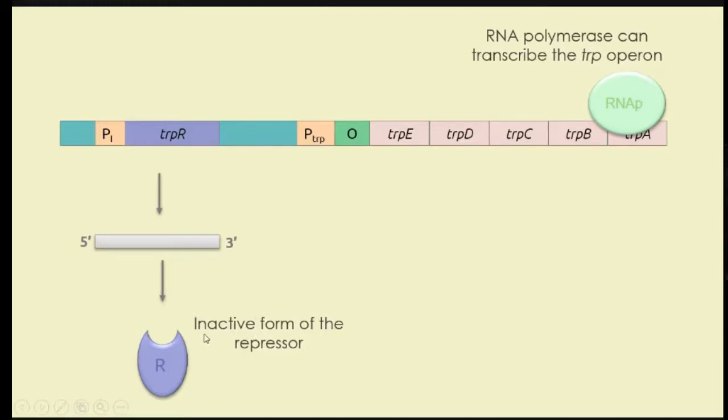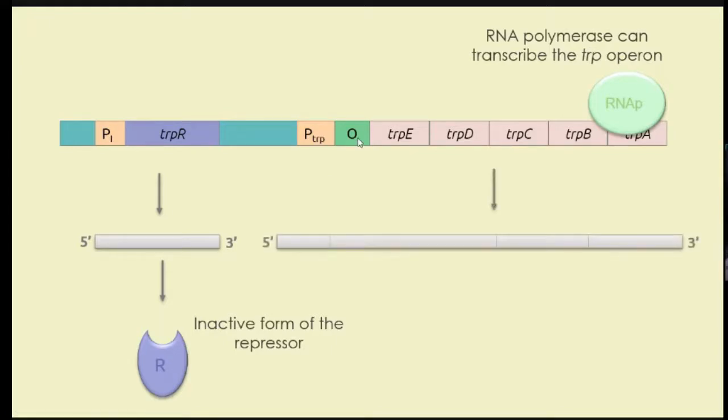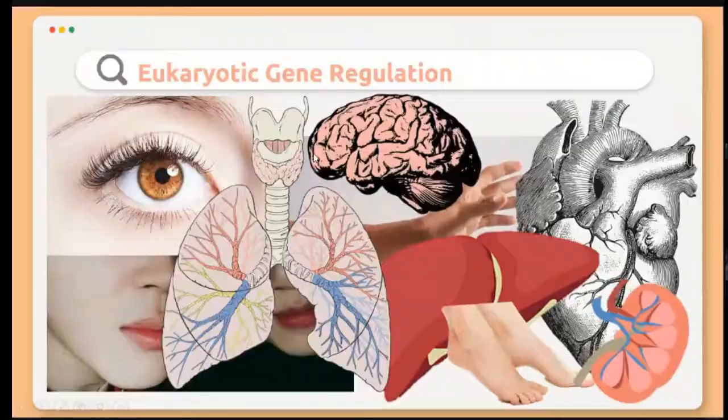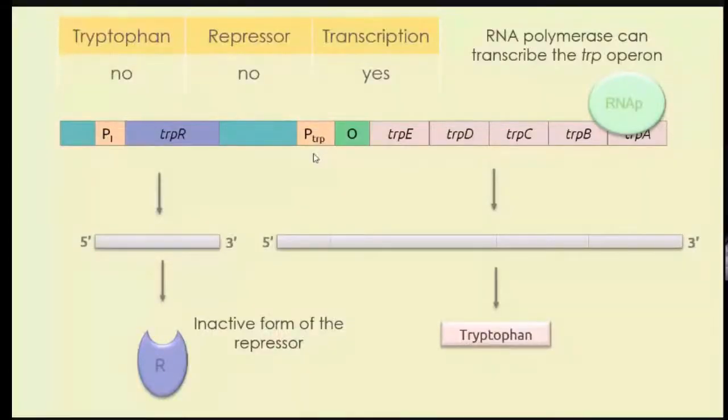Therefore, inactive form yung repressor and hindi siya makakabind sa operator. So, ngayon, yung RNA polymerase mo, makakatranscribe siya ng trp operon into tryptophan. Ayun lang. So, may tryptophan sa cell? Wala. May repressor? Wala. Kasi kailangan mo mag-produce ng tryptophan. May transcription? Meron. So, ayun lang yung mechanisms in bacterial gene regulation.